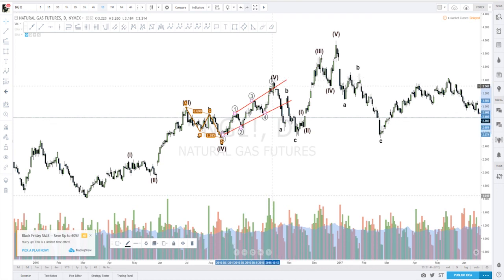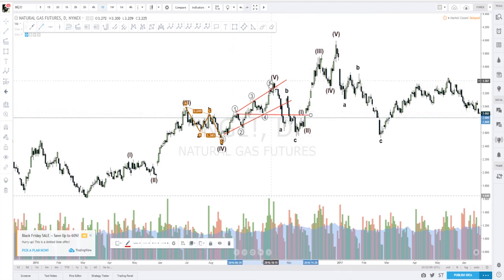I'm using the numbers, but this is not Elliott wave. This is a pattern. Usually 5 goes over or under the trend line, depending on if you're bullish, and then the target is the connection between wave 1 and 4.